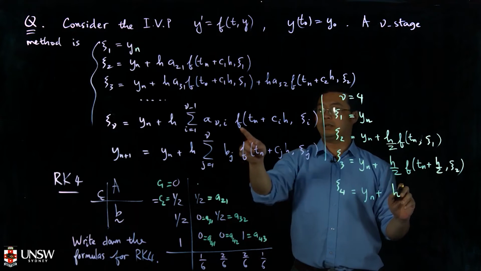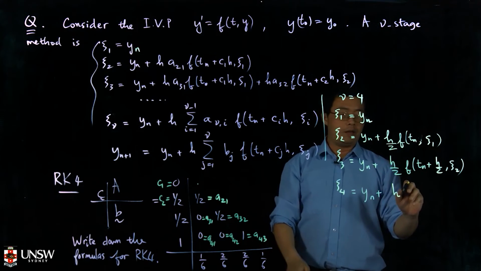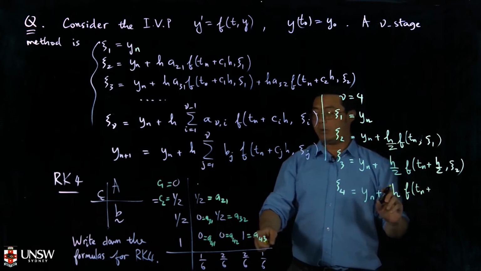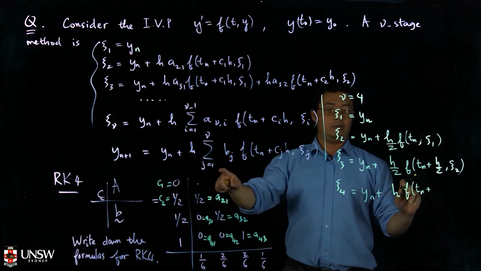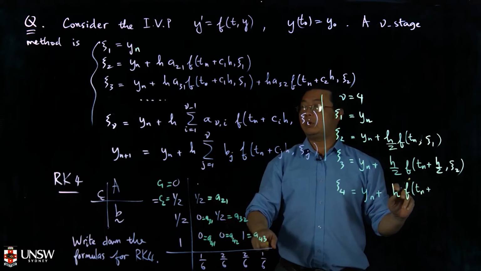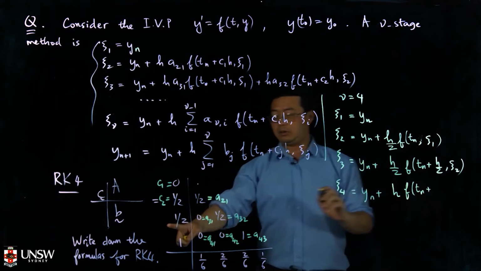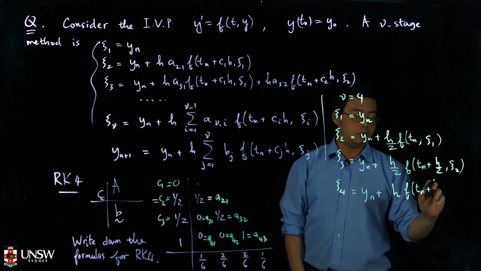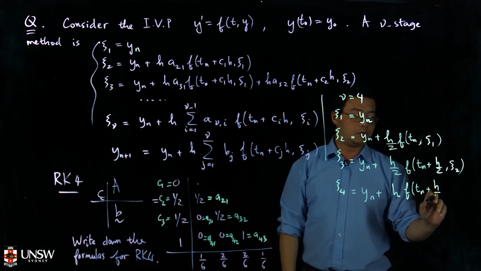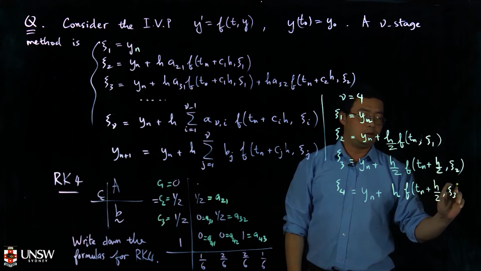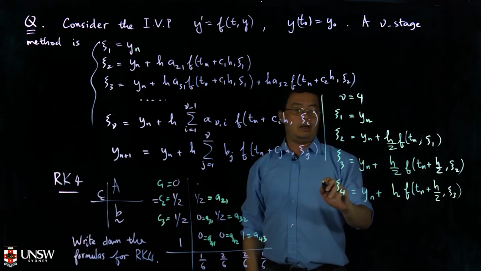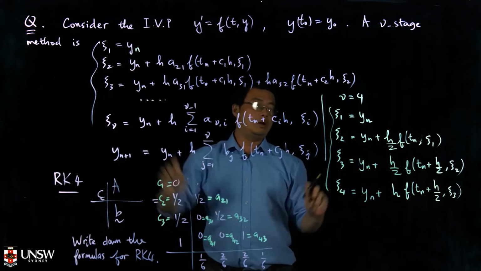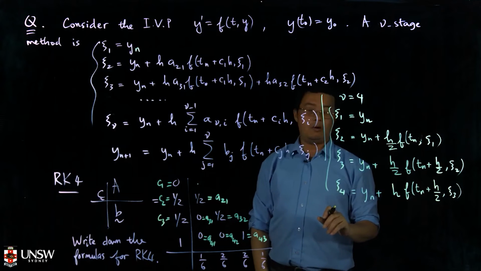And then f of Tn plus C3, so C3 is here. C3 is 1/2, so h over 2 and xi3. And that is the temporary variables according to the Runge Kutta method of order 4.